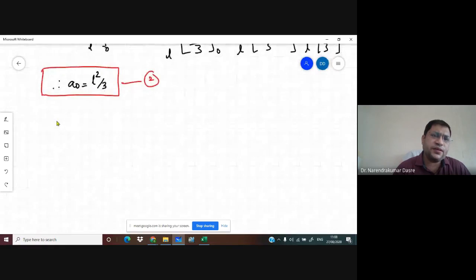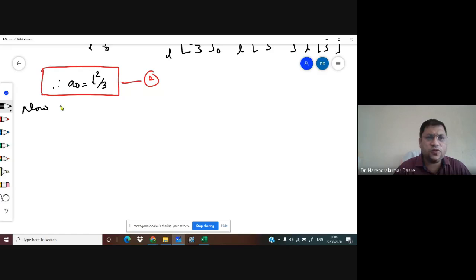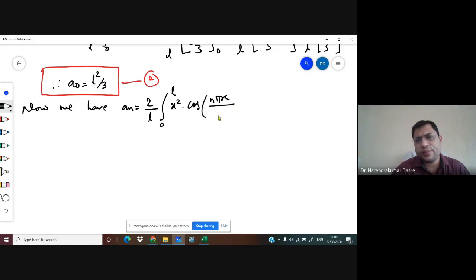Now once we get the value of a0, we have to find what is the value of an. So now we have an is equal to 2 by L integral 0 to L x square cos of n pi x by L dx. So here you can see we have two functions. This is going to be u and this is going to be v, and hence we have to use the u into v rule.